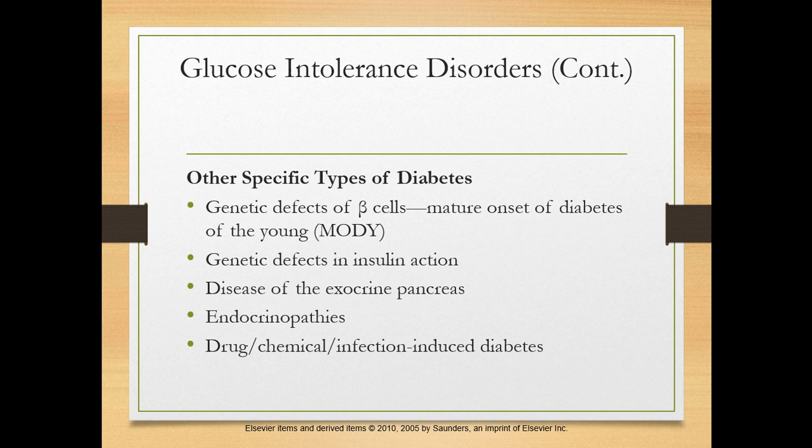This is maturity onset diabetes of the young, so this is more of the genetic type disorder. We also have genetic defects that can happen in insulin action. There can also be diseases of the exocrine pancreas, endocrine pathogeneses, and then drug, chemical, or infection induced diabetes. So there are other ways that people can become diabetic.